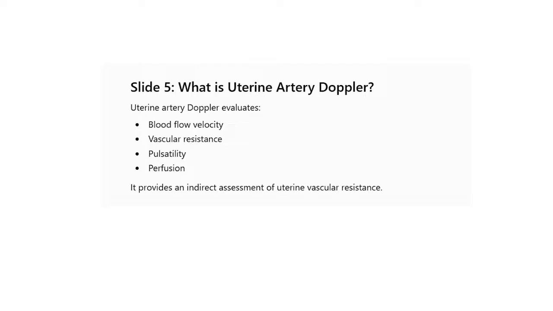What is a uterine artery Doppler? Uterine artery Doppler evaluates blood flow velocity, vascular resistance, pulsatility, and perfusion. It provides an indirect assessment of the uterine vascular resistance.